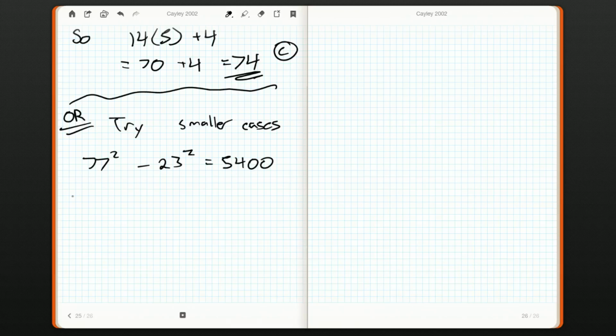9. How about if we added another one? 777 squared minus 223 squared. Well, that's another one that's simple enough that any calculator can do it and display the correct answer. That's 554000. How about four 7s squared minus three 2s and then a 3 squared?